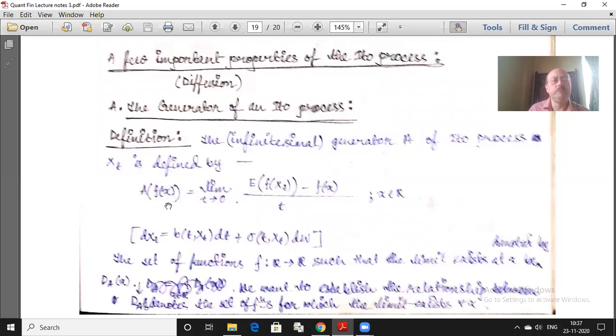So capital A of a function f of x, where X is our Itô process, is defined as the limit when t goes to 0, actually t goes to 0 from above, of course it cannot go from below, of this ratio: the expectation of f(X_t) minus f(x), divided by t, where this small x is the initial value of the process X_t. So X_0 is essentially small x.